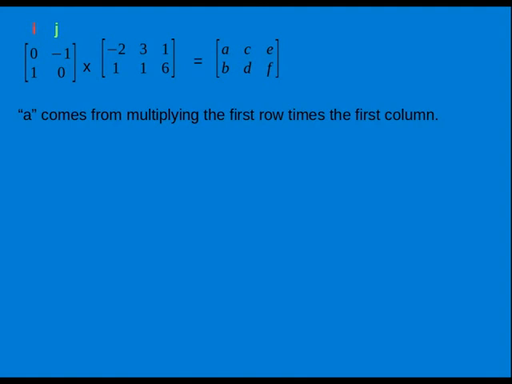First, the A value in the answer comes from multiplying the first row of ij times the first column of the coordinates of the triangle, then adding those together to give one value, which would be the value for A. There we see A is circled, the first row of ij multiplied by the values in the first column of the triangle and then added together, giving -1.